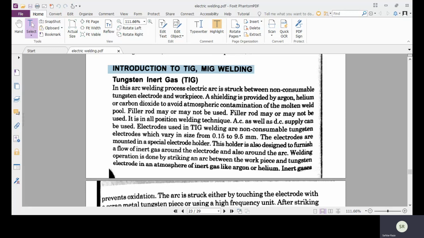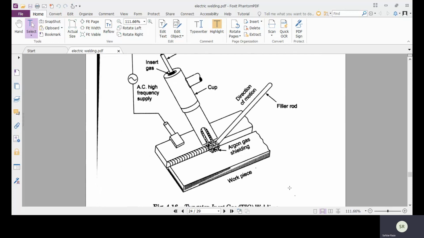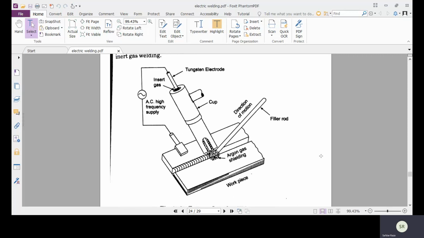So we start with TIG, which is tungsten inert gas. Before we start the topic, I would like to show you the figure of the TIG welding phenomena, which you can see in figure 4.16. In this arc welding process, an electric arc is struck between a non-consumable tungsten electrode and the workpiece.